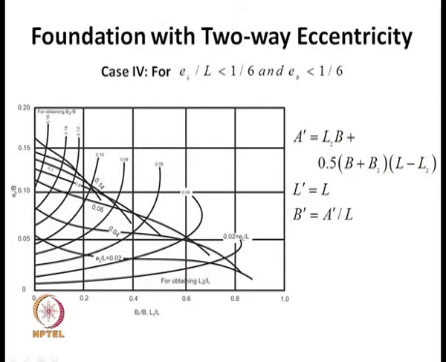Once we get B2 and L2, we can determine the effective area, and L is equal to L' for case 4. Once we get L', using the expression A'/L', we can determine B'. This L' and B' we will use when we calculate the ultimate load carrying capacity of the footing instead of using B or L.